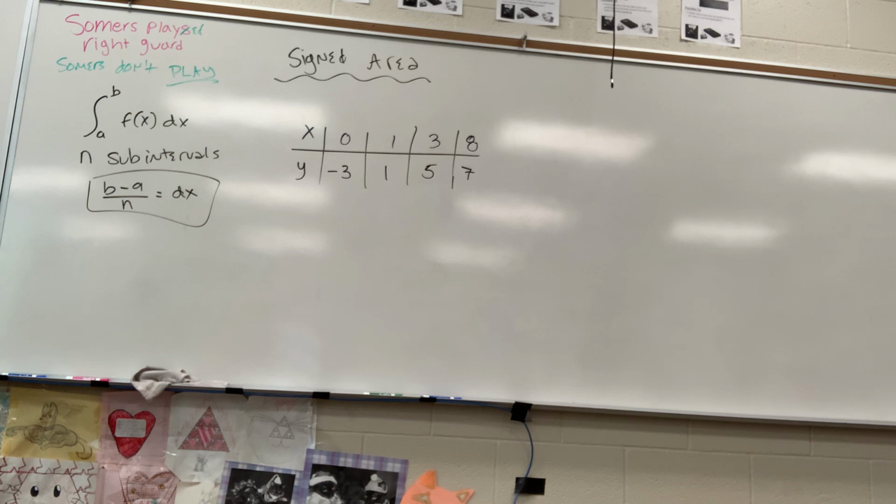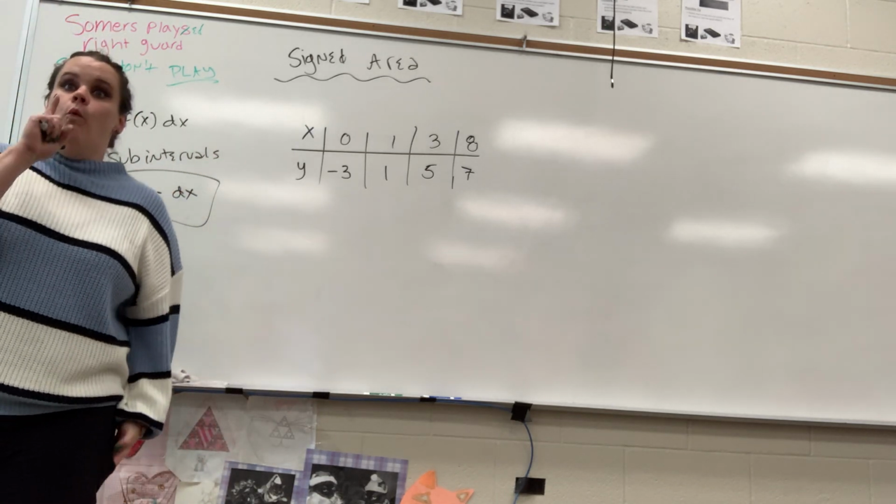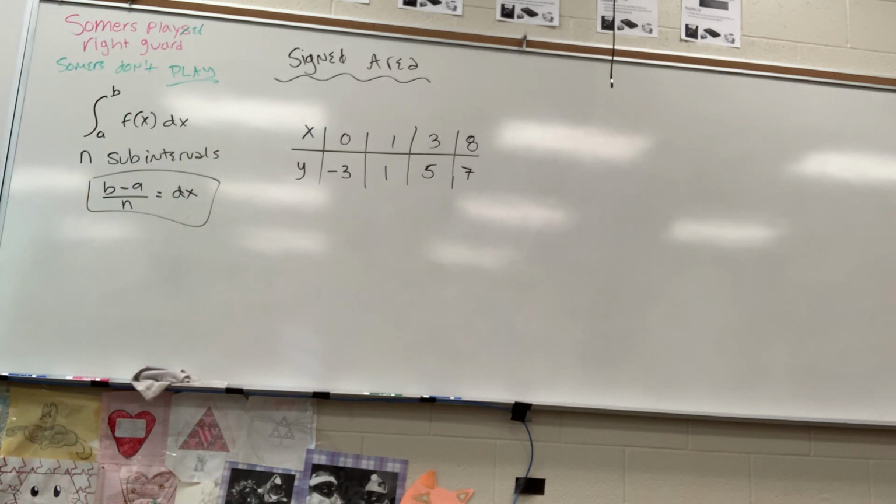Okay? Now let's estimate. Now, I don't have a function, right? I want to do the same dx value for each rectangle because it makes it easier. I can just multiply by that dx at the end, and it's usually a better estimate. But if this is the only information I have, I can't do that. So I'm going to have how many rectangles in this case? 3.